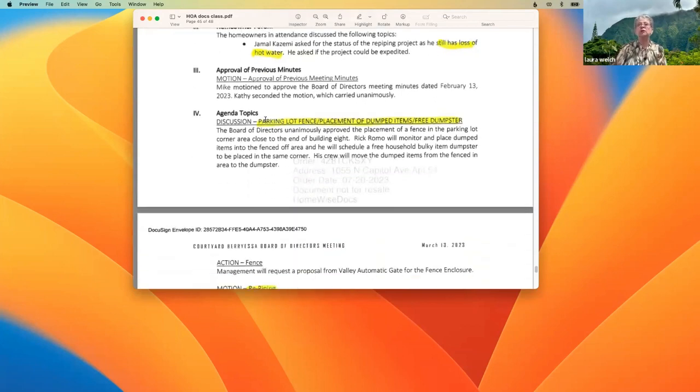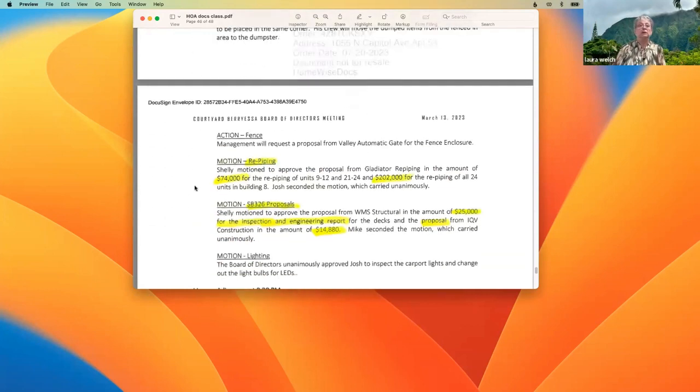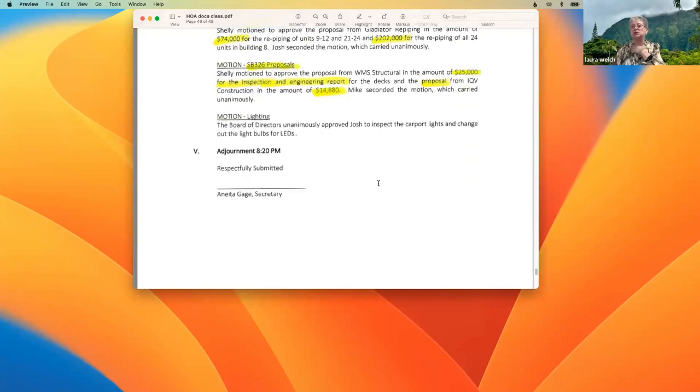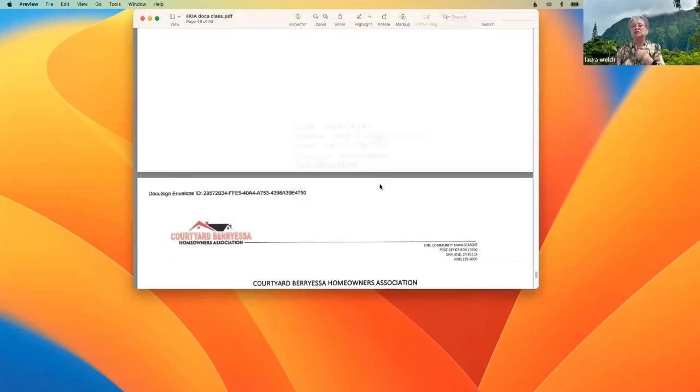And here, through the HOA minutes, they're talking about putting a fence around a dumpster and a gate on it. That is not cheap. Repiping, well, the other units, now we're talking $200,000. And this is an HOA that has a 21% reserve.